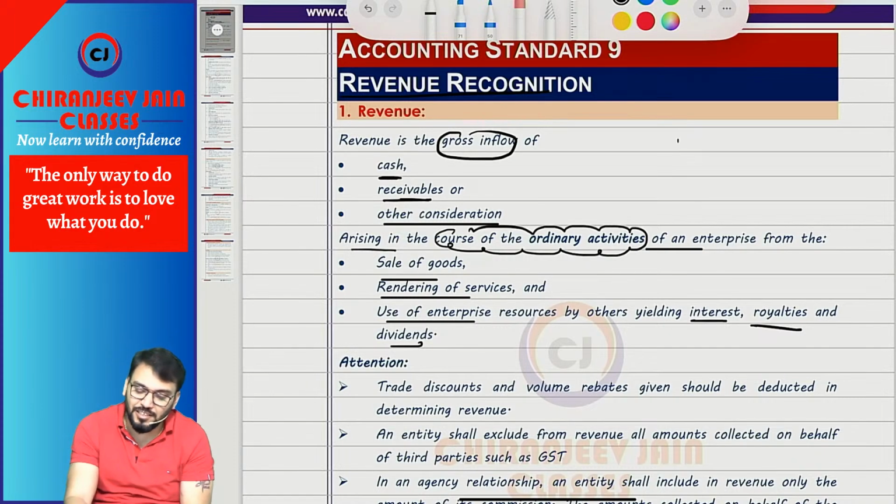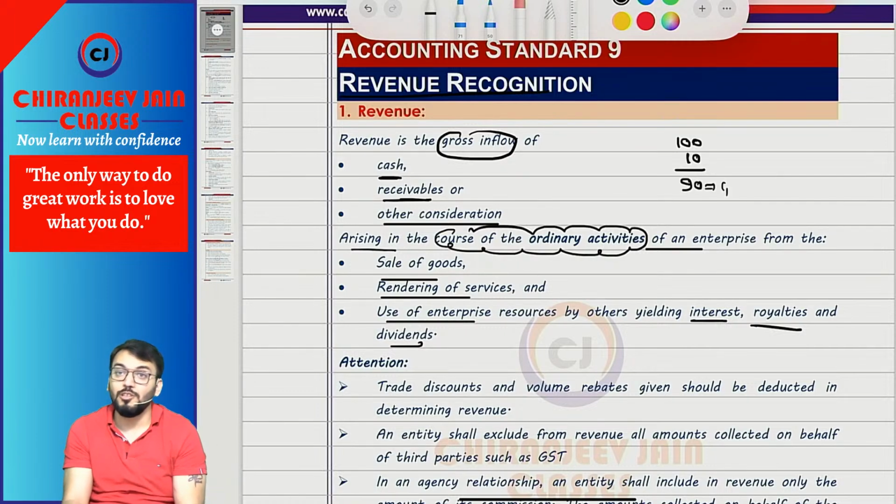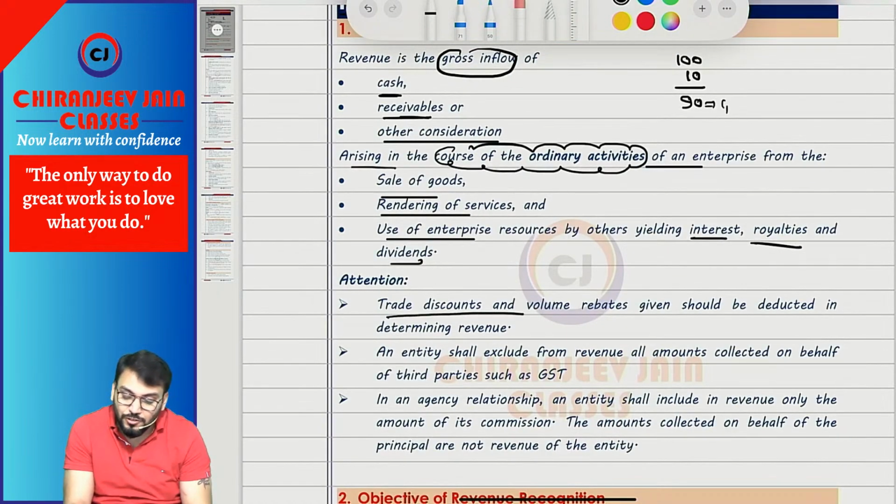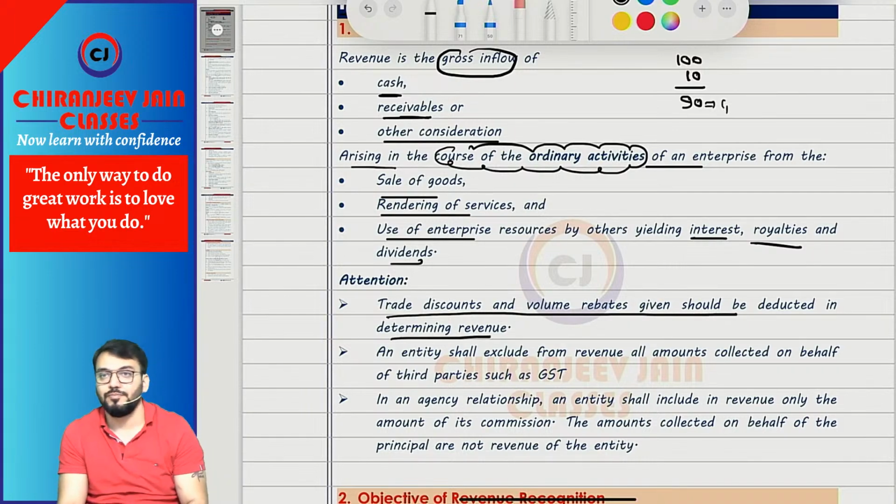Understood? Suppose 100 is the invoice price and there is a 10% discount. So 90 is the gross inflow, and revenue is 90, not 100. So don't be confused with trade discount. Trade discount and volume rebate given should always be deducted in determining revenue.